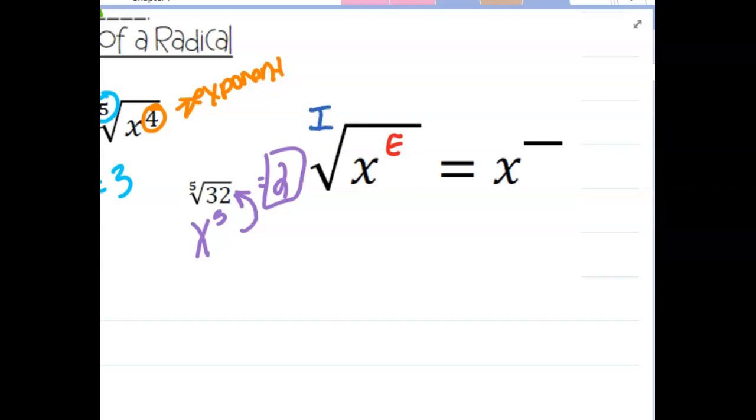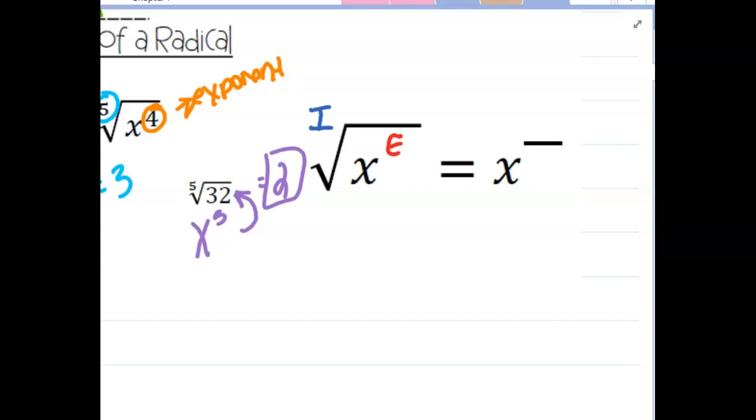Now to go from a radical to a rational exponent, you're going to take the number that's underneath the radical, the x. This is going to be the base of your power. So if it's the square root or 4th root or 5th root or whatever root of x, x is going to be your base. So it's going to be x to the, I need to figure out what I'm going to put in my fraction.